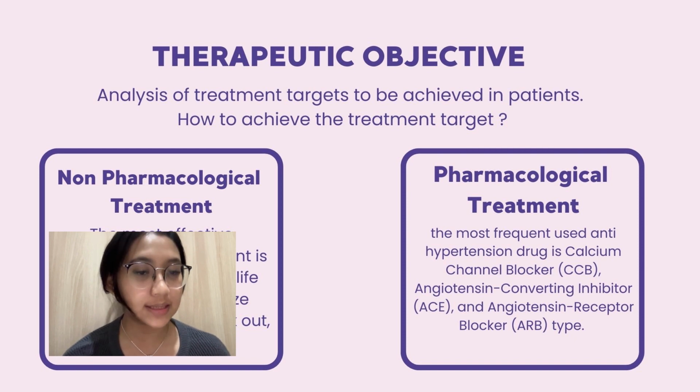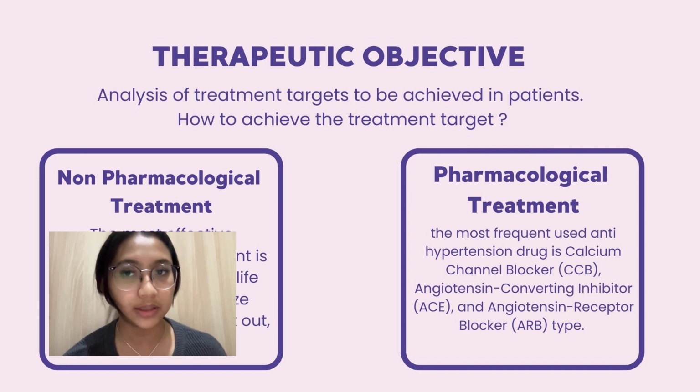Combination of CCB and ARB can lower blood pressure in a short time and also can reduce the risk of cardiovascular disorder. For this case, the pharmacological treatment that can be used is a combination of calcium channel blocker CCB and angiotensin converting enzyme inhibitor or ACE, which is amlodipine and captopril respectively. That's it for me. Thank you.